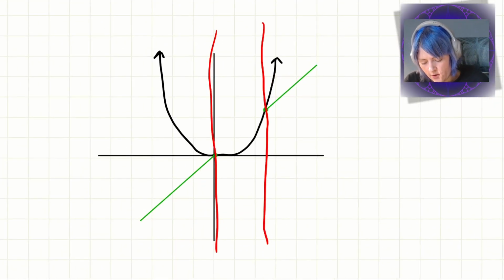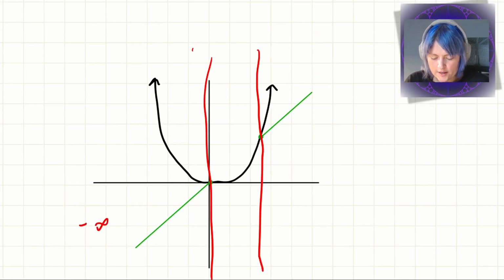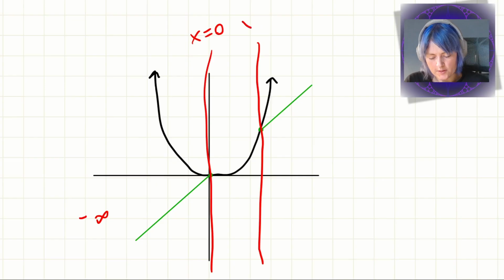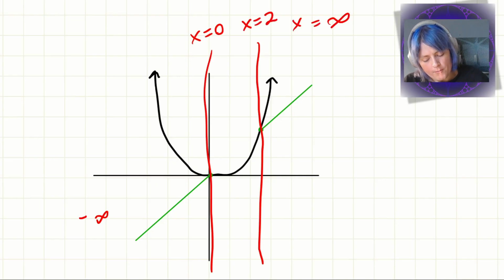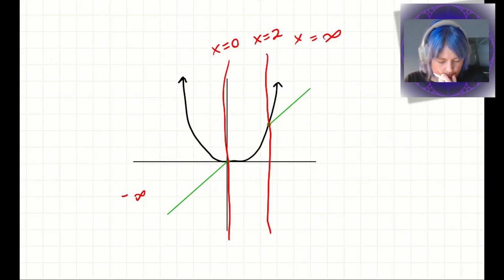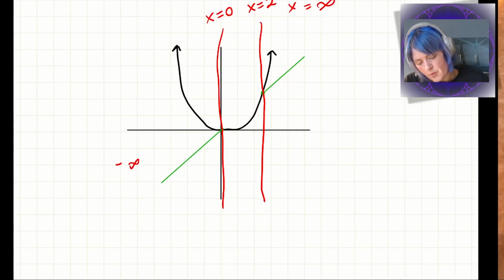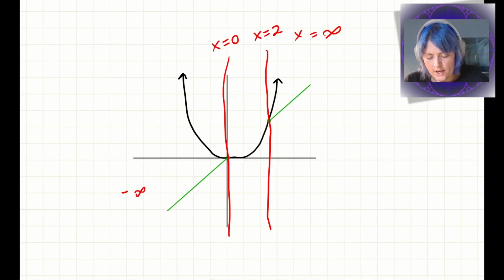From negative infinity to x equals 0, you have 2x, then x equals 0 to x equals 2, x squared, and then x equals 2 to x equals infinity, back to 2x again. So these are going to be the intervals of the piecewise function here.